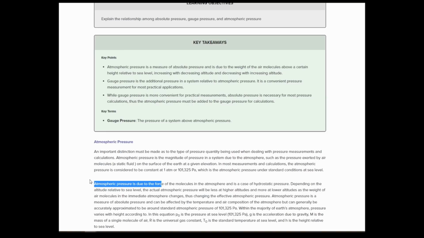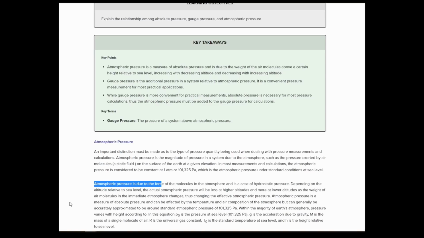Atmospheric pressure is due to the force of the molecules in the atmosphere and is a case of hydrostatic pressure. Depending on the altitude relative to sea level, the actual atmospheric pressure will be less at higher altitudes and more at lower altitudes as the weight of the air molecules in the immediate atmosphere changes, thus changing the effective atmospheric pressure.